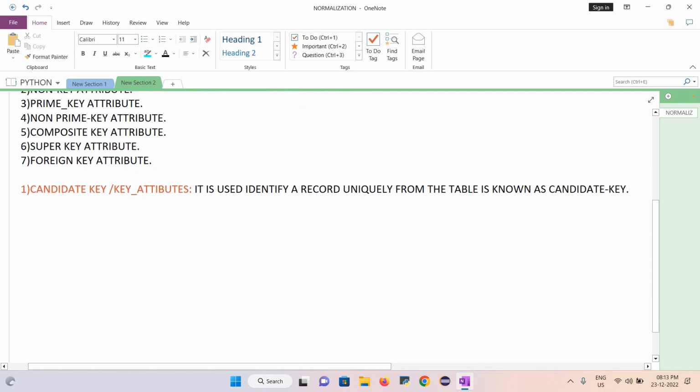Now we'll discuss some examples of this. What are the different examples we have? Let me select human as my object, a human as an object or entity. A human has some unique identities.